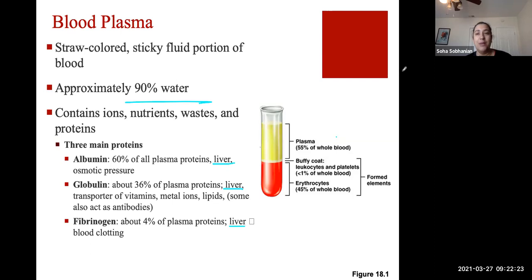So the answer to my question, what component involved in blood clotting, the actual answer would be both platelets, which is part of the buffy coat, and fibrinogen, both of those. But if I ask what component of plasma is involved in blood clotting, then you only have one answer, and that would be fibrinogen.